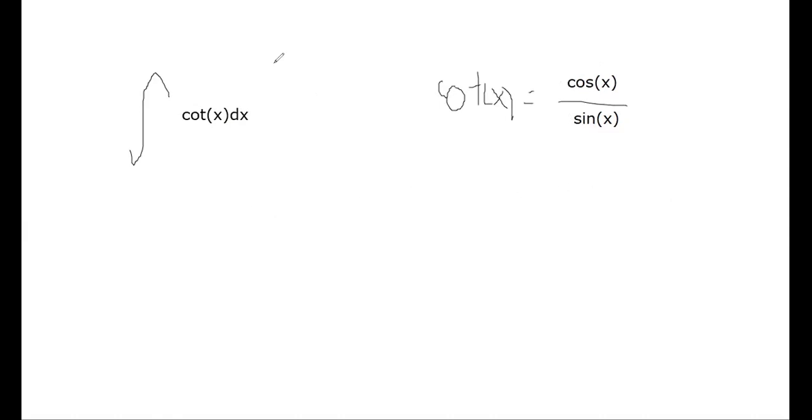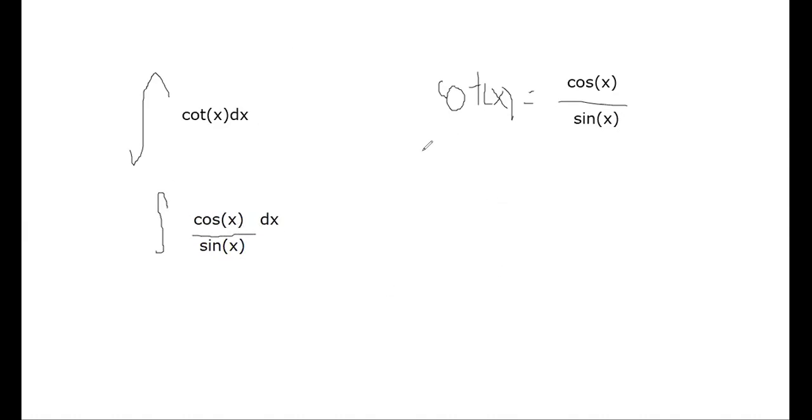So here, what this means is we're actually looking at the integral of cosine of x over sine of x dx.